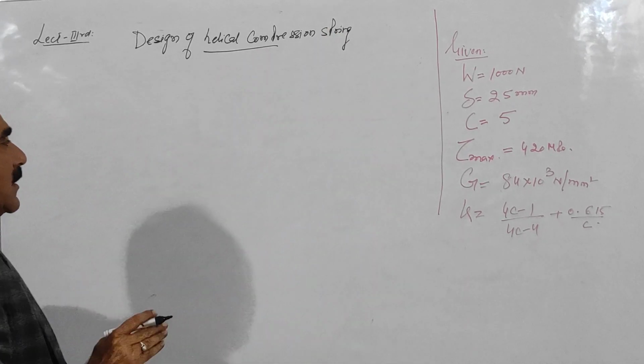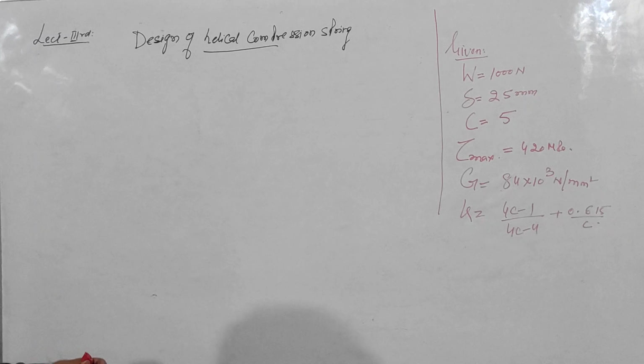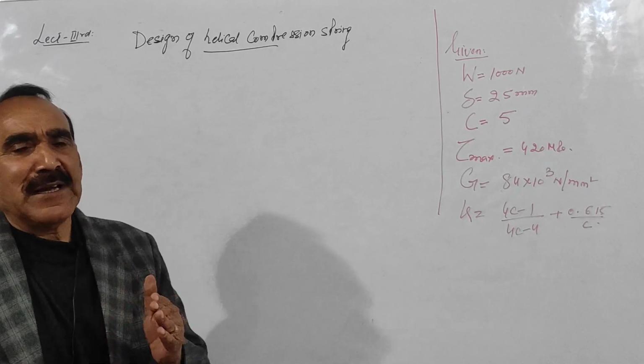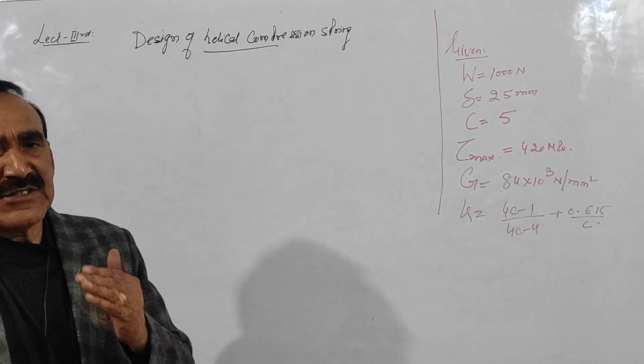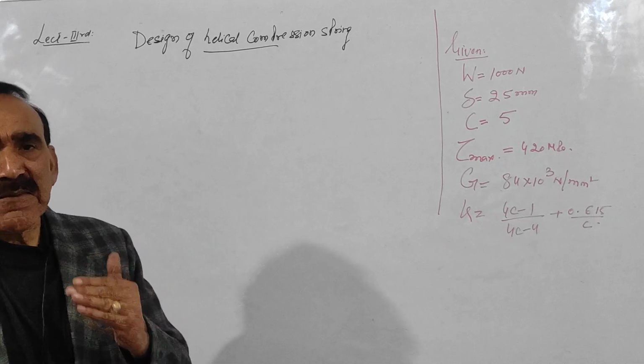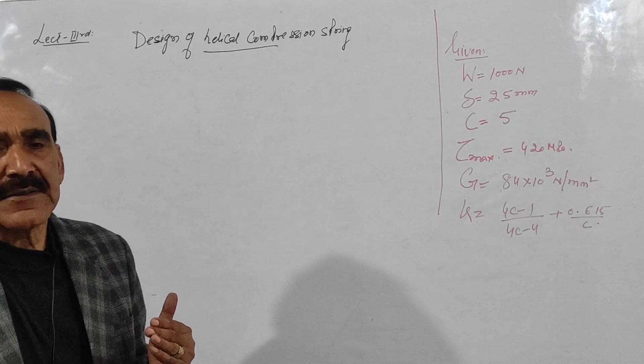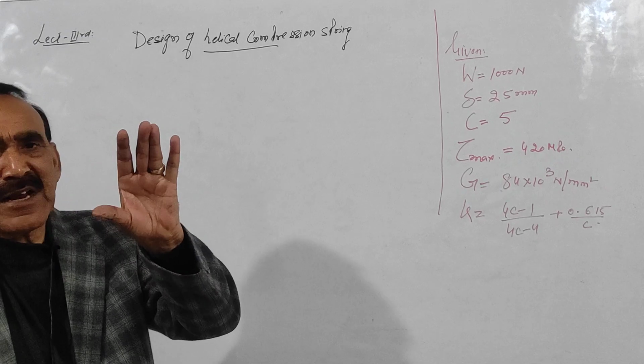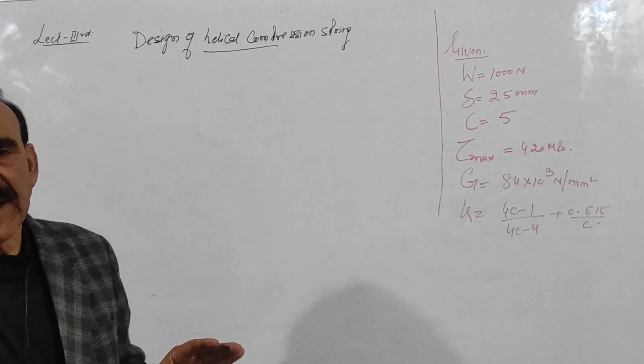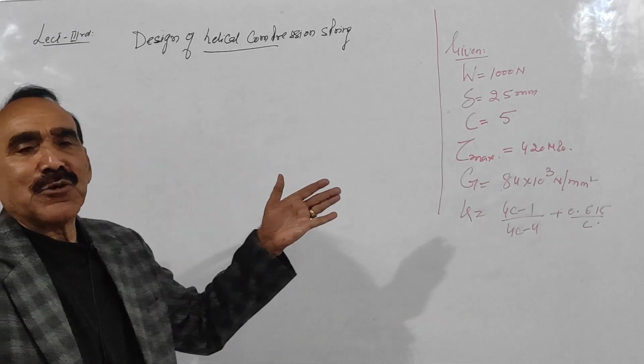देखिए जब आपने स्प्रिंग को डिजाइन करना है तो आपने क्या क्या चीजें इसमें डिजाइन करनी है. What the parameters you have to design in that. पहले these parameters should be clear in your mind that these things you have to design.